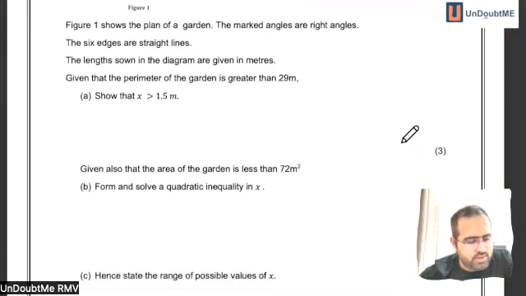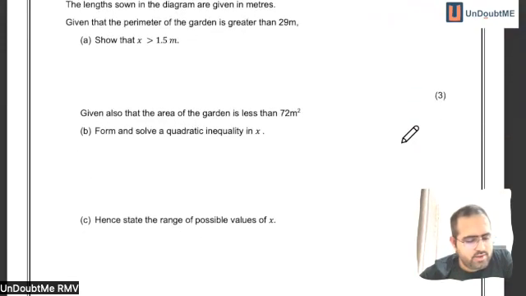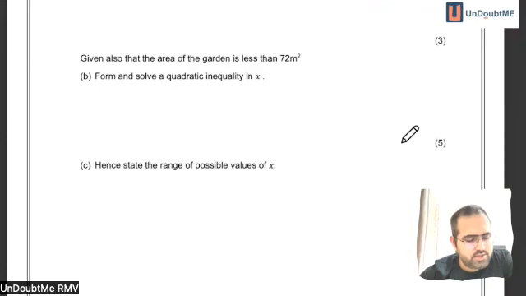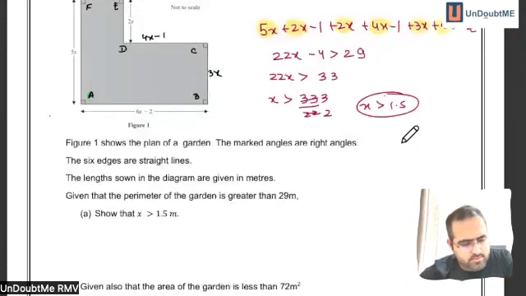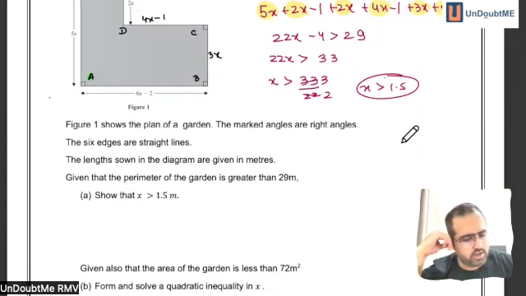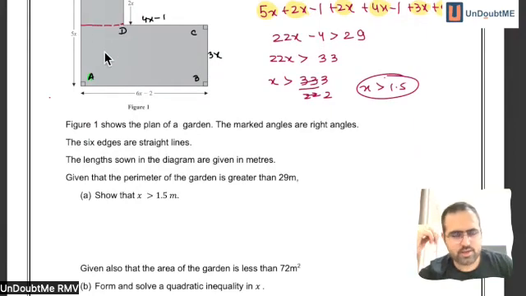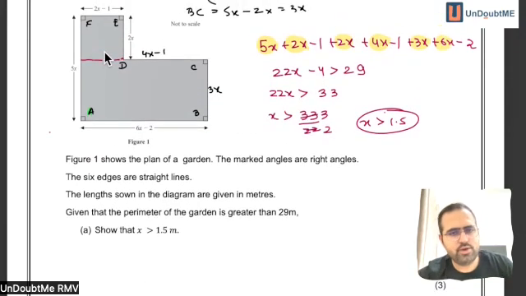Given also that the area of garden is less than 72, form a quadratic equation, solve a quadratic inequality in x. For area, you can take these two. This is not the only option, we can just divide it like this also, but it's okay.